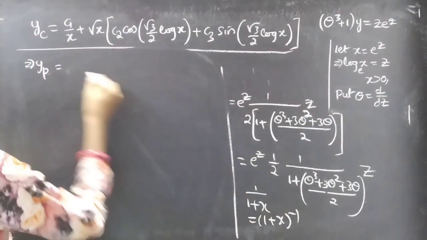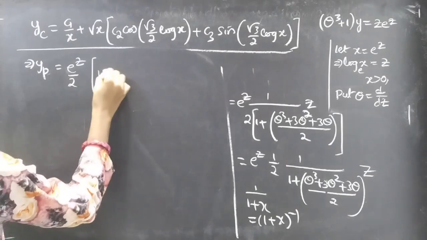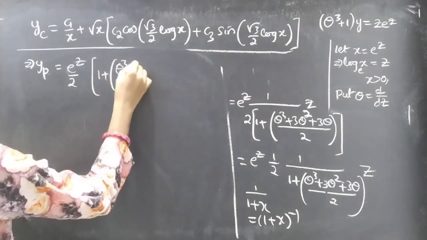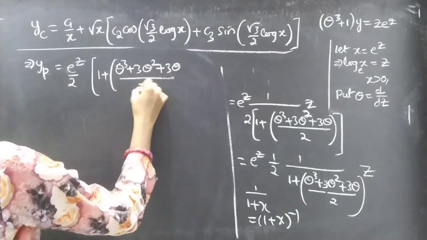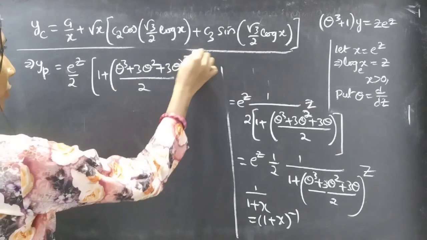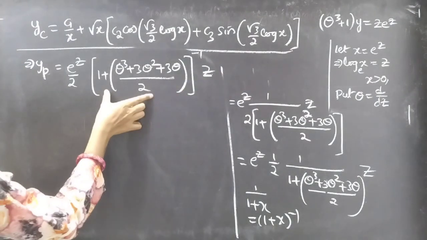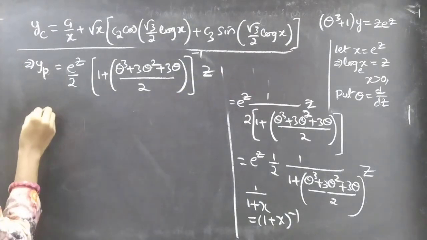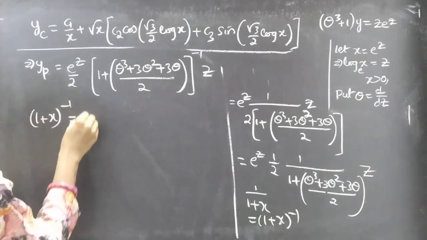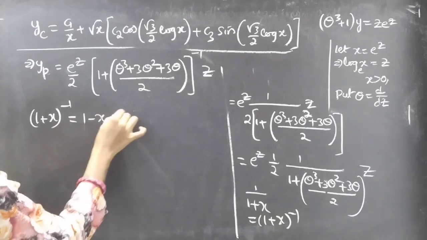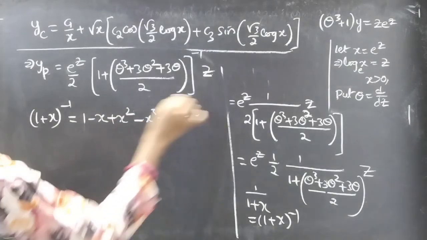Then this becomes e power z by 2 into 1 plus theta cube plus 3 theta square plus 3 theta by 2 whole inverse into z. Now we'll expand this using binomial series expansion formula. 1 plus x whole inverse equals 1 minus x plus x square minus x cube plus so on.